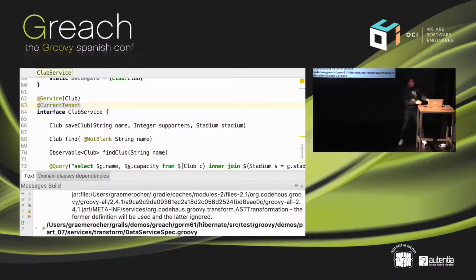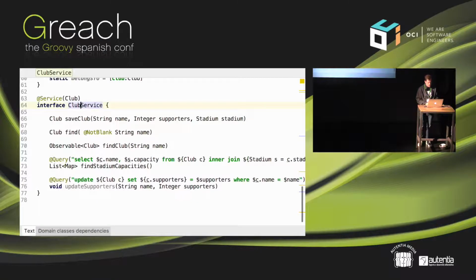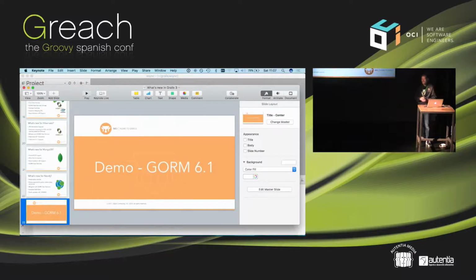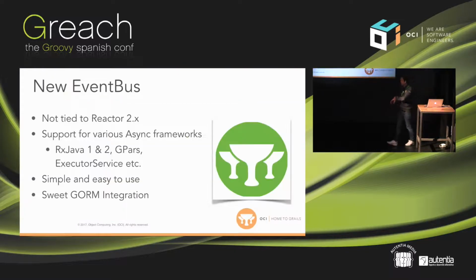Or you can say @Tenant and a name, and it'll apply this service only to that particular tenant. So immensely powerful stuff, a whole talk by itself, I think. So anyway, moving on, since I'm running low on time.